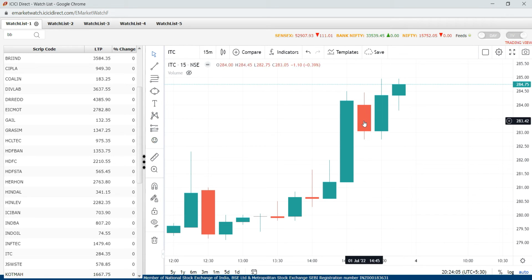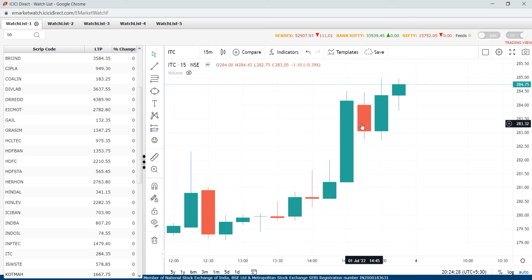Now let's understand why this was a red candle. Similarly, you go back and check: the opening of the candle was 284 and the closing was 283. That means it opened higher and closed lower, which is why this is a red candle. The opening was higher than the closing.